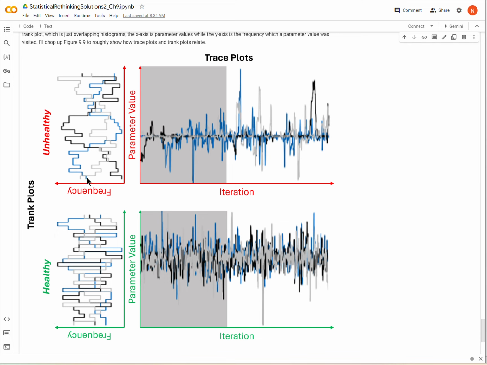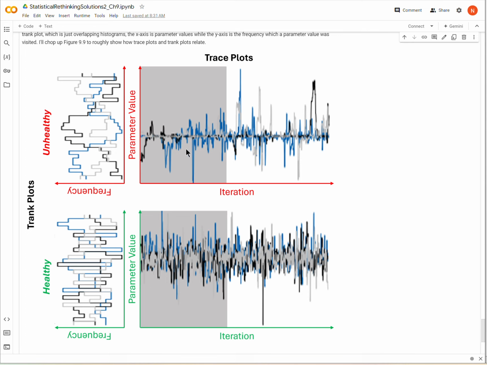So there is no sequence, no time component in the trace rank plot. That's the difference between the two, and you can see how they relate.